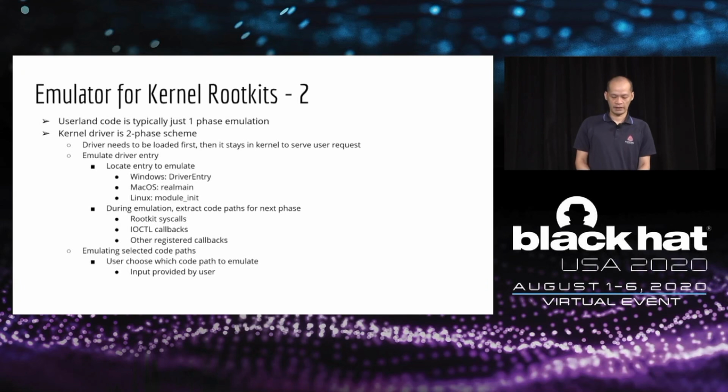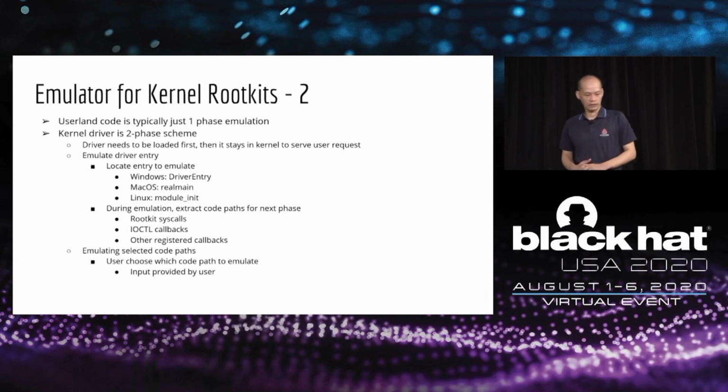So at this phase, the user can decide which code path they want to emulate, and by doing that, they choose the input and send the input to this code path, and Demigod can emulate this code path with this input coming from users.